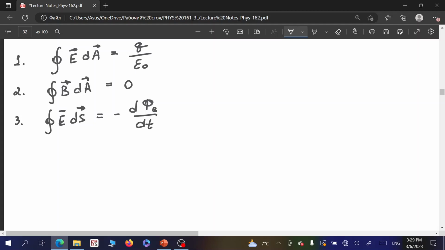And the last, fourth equation will be the following: the integral over a closed path of the B vector ds vector will be equal to mu naught times I plus epsilon naught times mu naught times d phi E over dt.